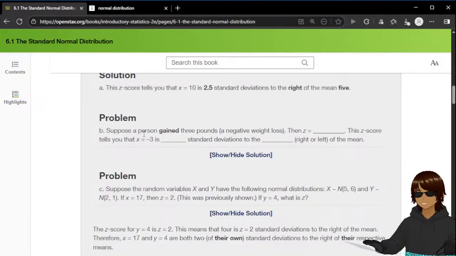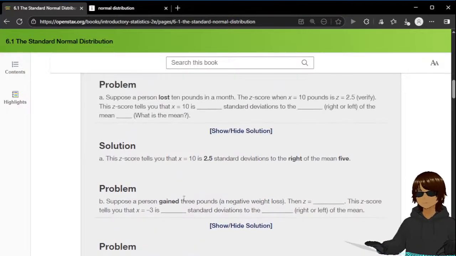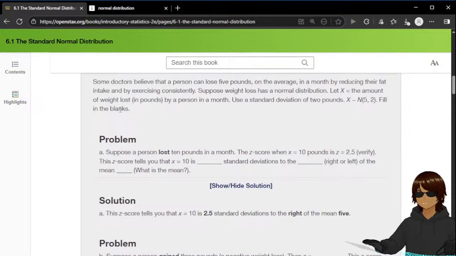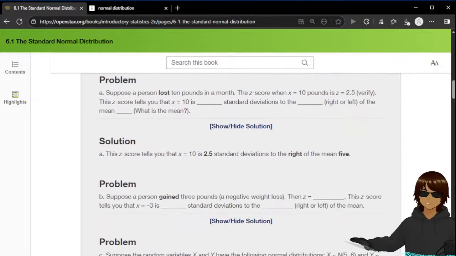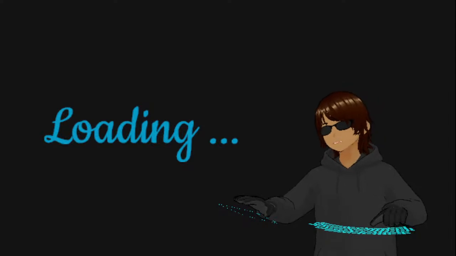Suppose a person gained 3 pounds, a negative weight loss. The z is now negative 3. So, wait. Let me just open Desmos as well.